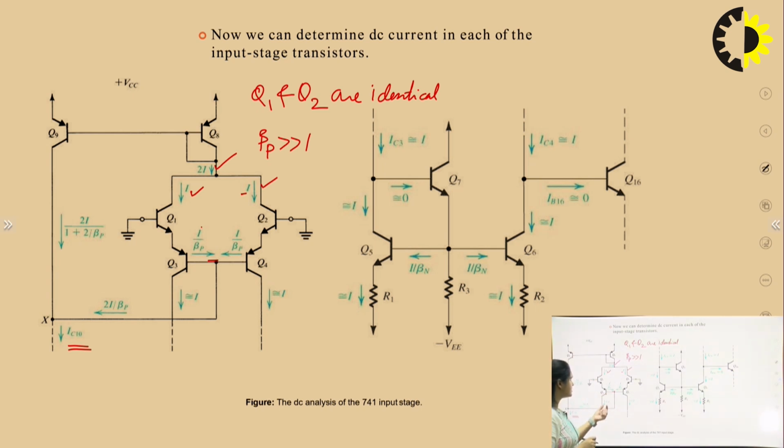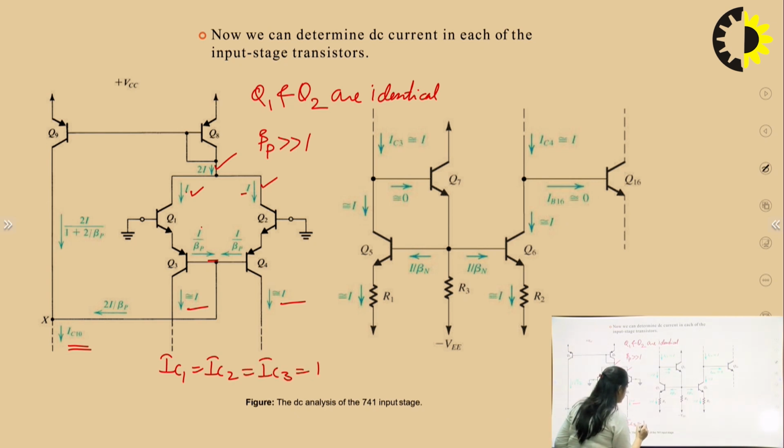If I neglect this base current, I can write that the current coming from Q1 equals the output current of the Q3 transistor, and similarly the current in Q2 equals the output current of Q4. So this is how I can write IC1 equals IC2, equals IC3, equals IC4, and that equals capital I.